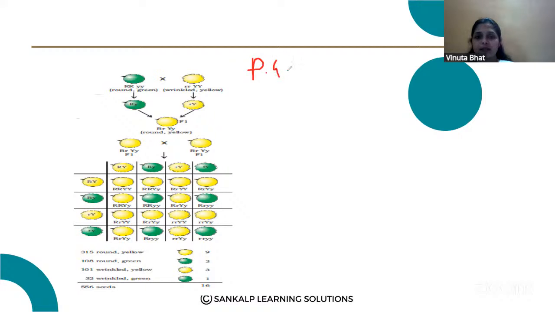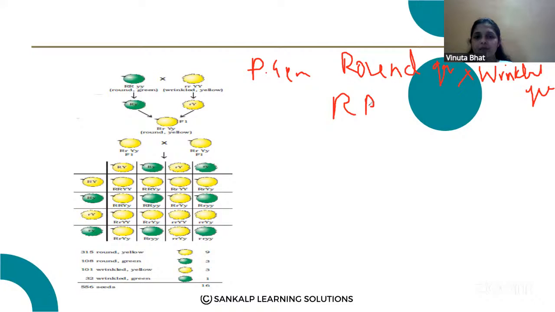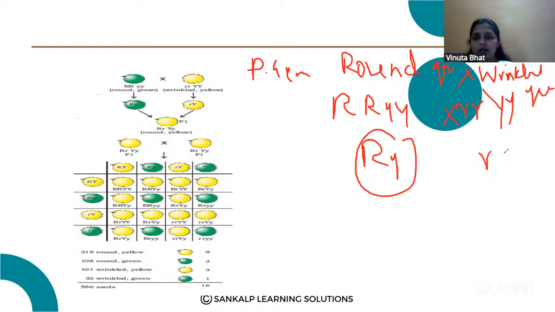Just I will write parental generation, that is round green plants crossed with wrinkled yellow plants, that is capital R, small y crossed with small r, capital Y. So here gametes produce, that is RY, and here small r, capital Y.